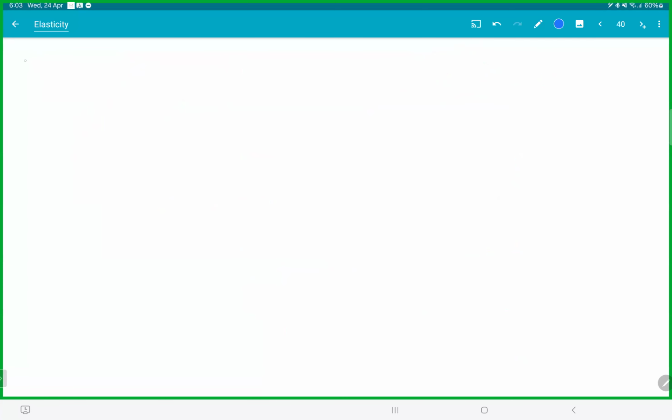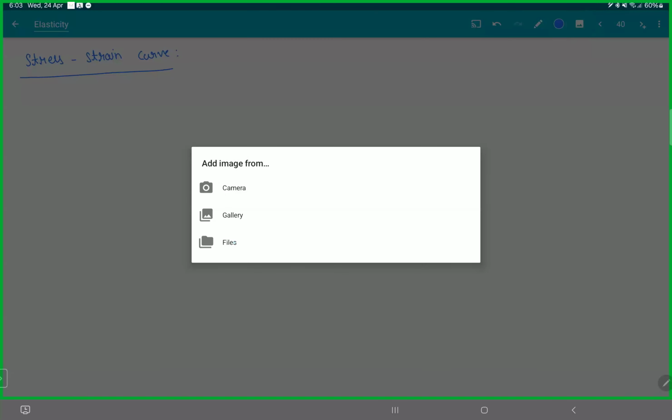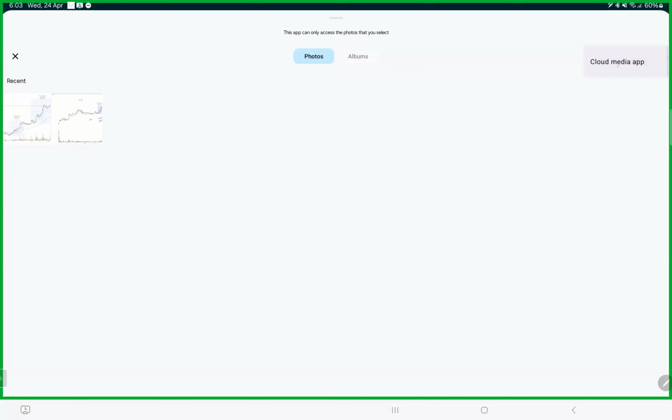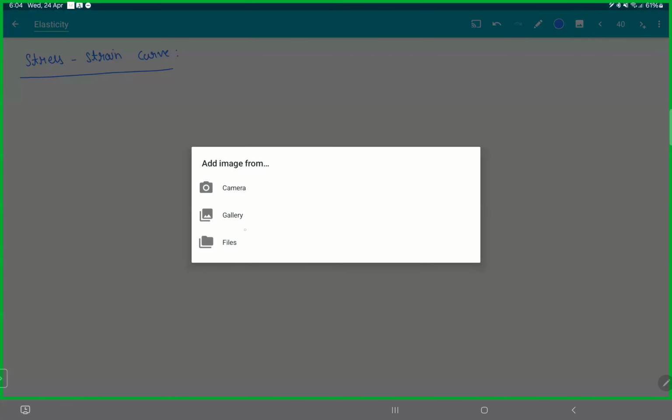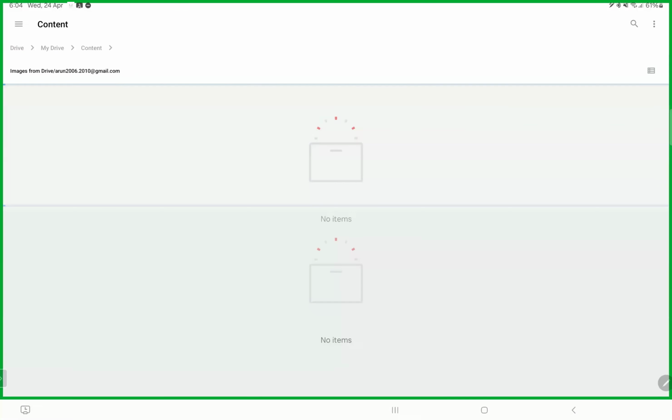Next thing, stress strain curve. So if you try to plot a stress versus strain graph, before that we had to do something called Searle's apparatus.